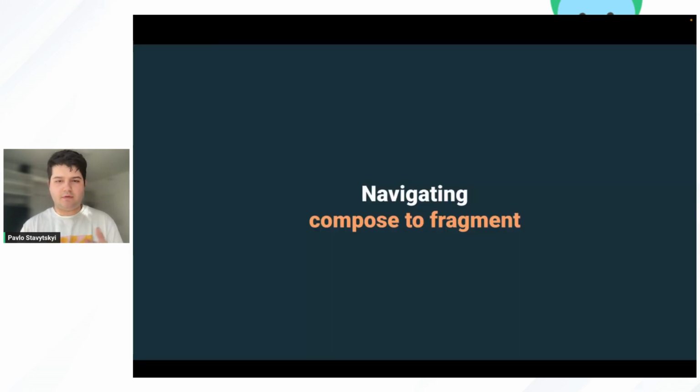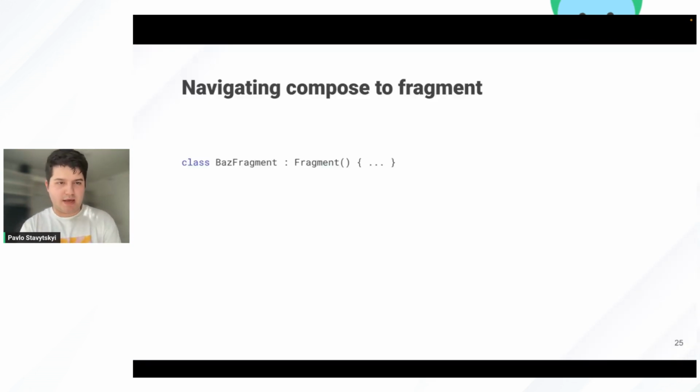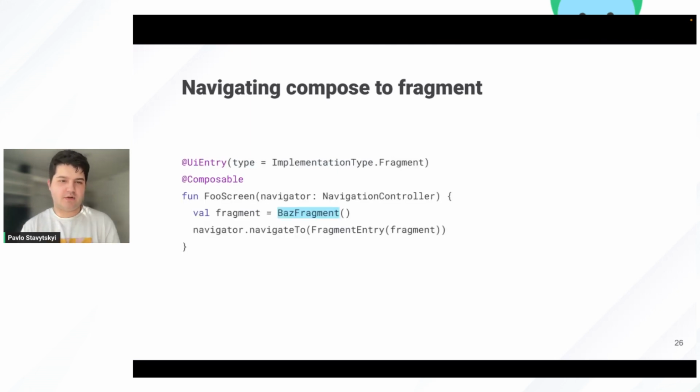And if we need to navigate from a compose screen to some old fragment, let's say we have a buzz fragment. I know the names are very cool, but stick with me. So we have this fragment, and we have a composable function.